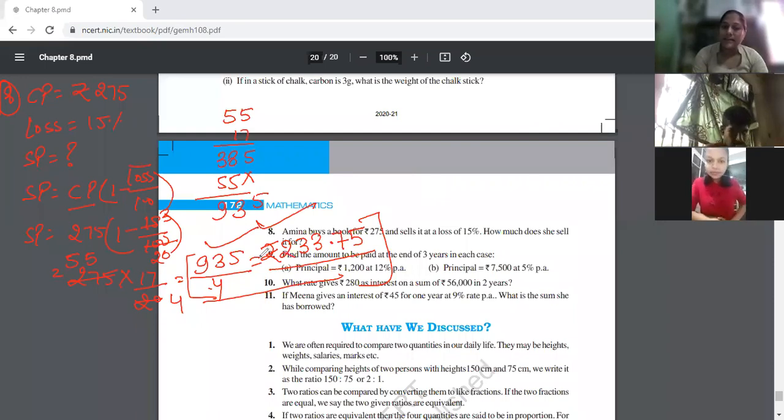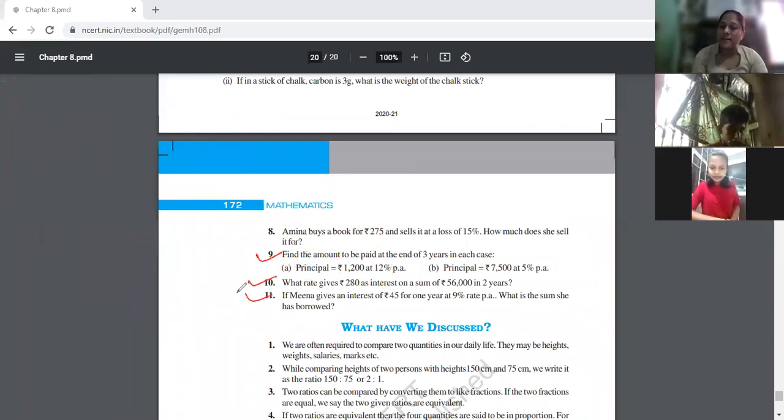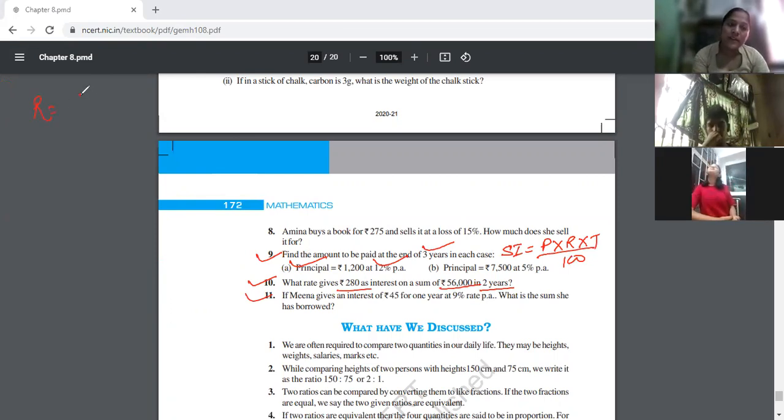Yes, and we have completed question number 9, 10 and 11. This is on simple interest, SI is P into R into T upon 100. Principal, rate and time are given in both the parts. And here interest, principal and time are given. The formula for rate is 100 into interest upon principal into time.